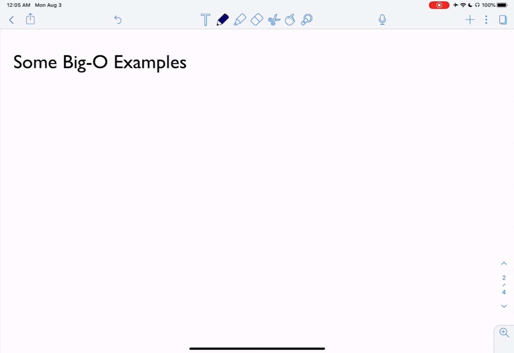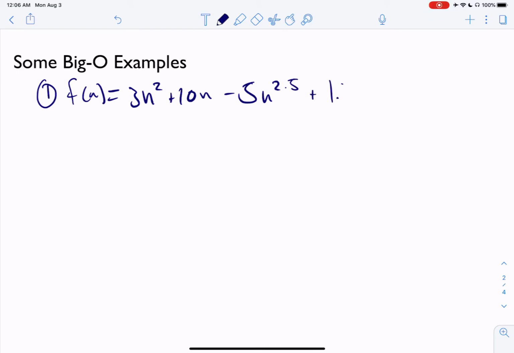Let's just do a couple of simple examples. So let's say that f of n equals 3n squared plus 10n minus 5n to the 2.5 plus 1.7 n to the 3. Now, I just want to point out a couple of things.